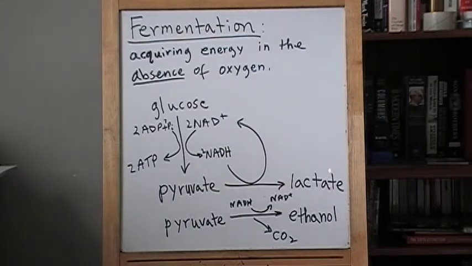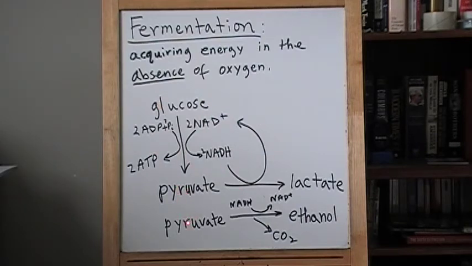And there's a buildup of lactic acid in that situation. So notice that when pyruvate is reduced, that regenerates the NAD+, so that glycolysis can continue because the NAD+ is replenished and you can keep going.